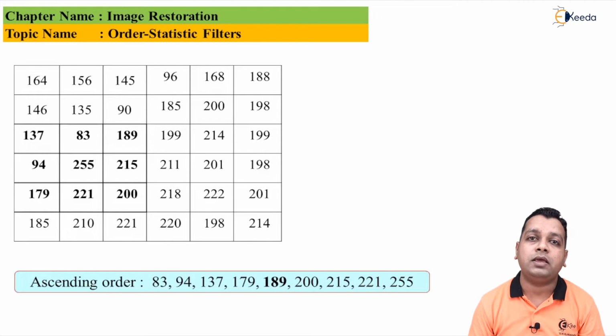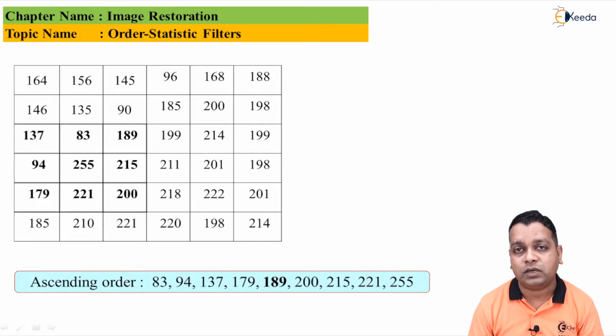When we arrange all these 9 values in ascending order, we have a sequence starting with the lowest, 83, then 94, 137, 179, then 189, then 200, 215, then 221, and at last 255. When we take the median of this ascending sequence, it gives us the mid value 189.